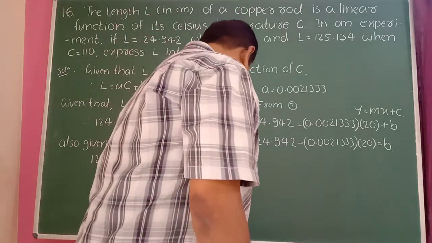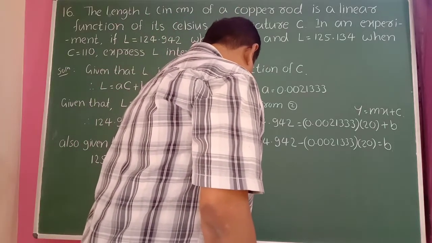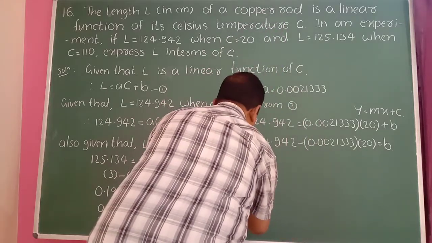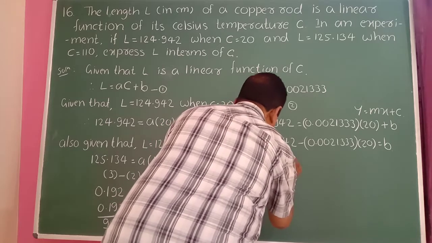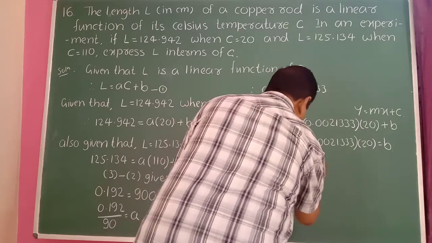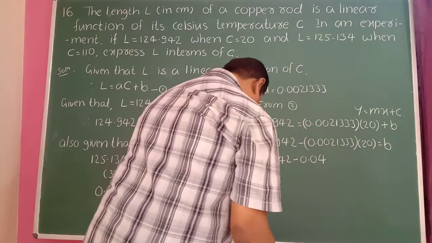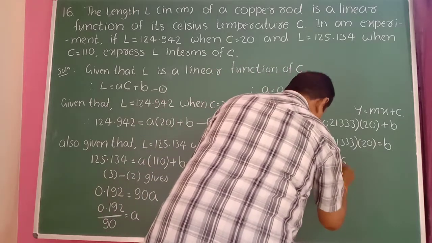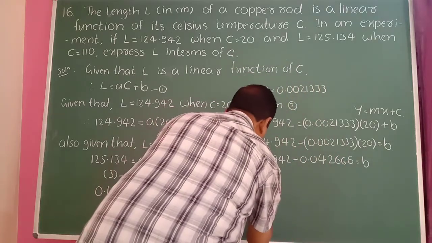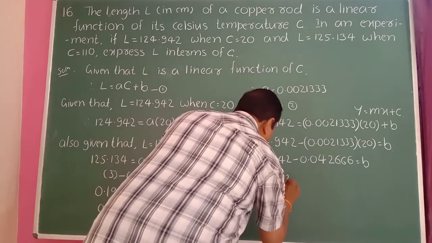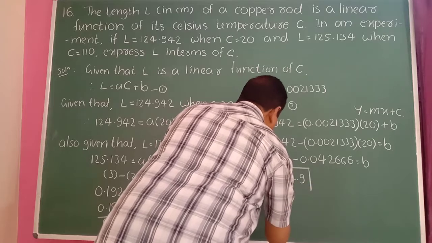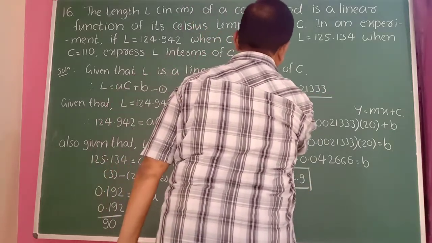Then we get the value of B. Okay, here the value of B is 124.942 minus 0.04 is equal to B here. So subtract each other. Yes, B is equal to 124.9. So this is the value B, and this is the value of A.